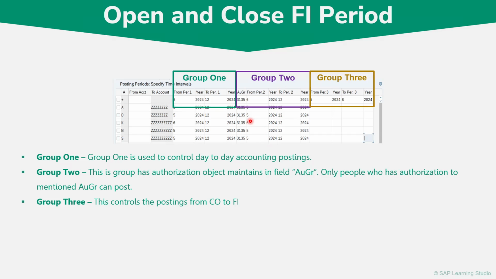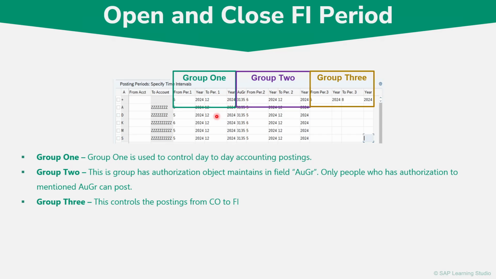The person who doesn't have authorization for this group will be checked by group 1, and that will be the fifth period. So group 2 has the authorization object maintained in the field AUGR. Only people who have authorization for AUGR can post. This is the difference between group 1 and group 2.